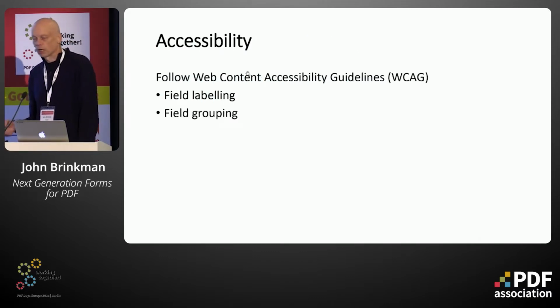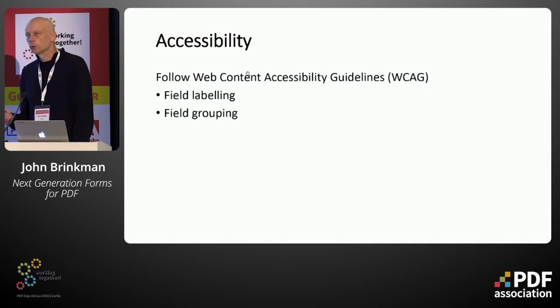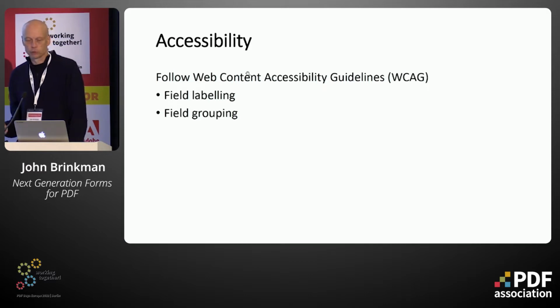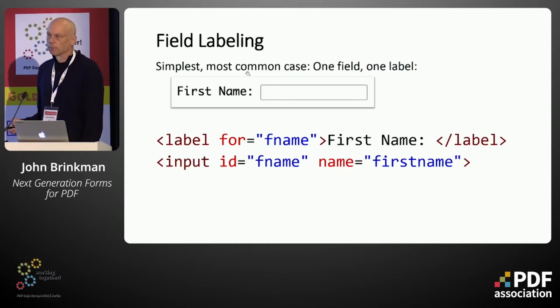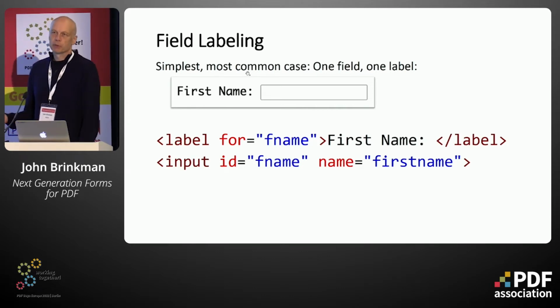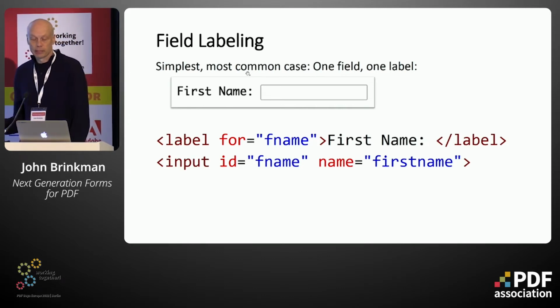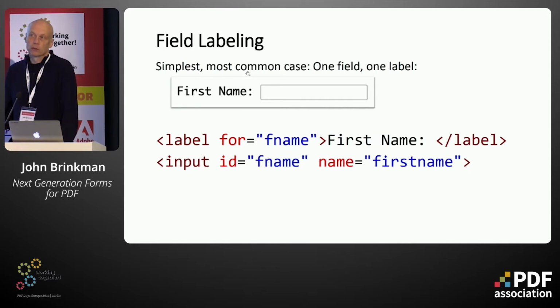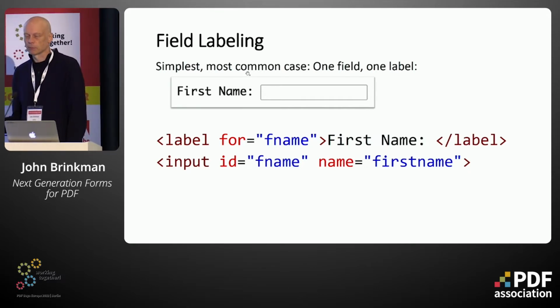So let's talk about accessibility first. There are two main areas of deficiency in PDF forms today that we wanted to look at: field labeling and field grouping. Again, being informed by what happens in HTML, HTML labels its fields primarily with a label element. And label is actually an interactive element in HTML.